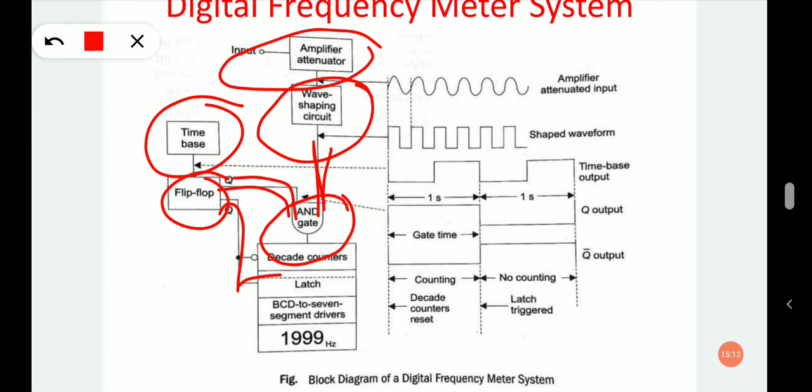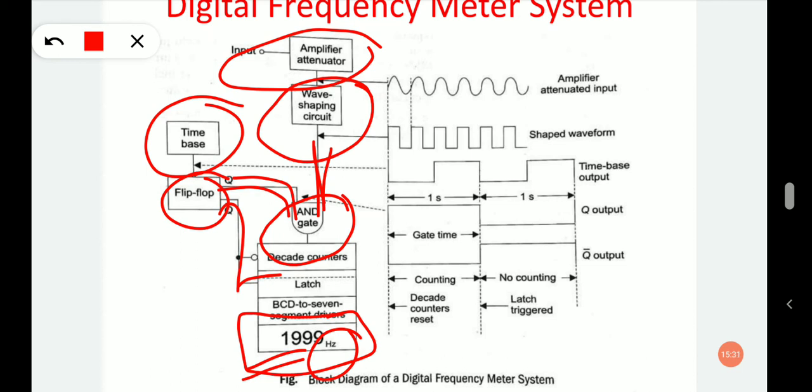It is given for reset, to reset the counters, so counting always starts from 0. For display, the numerical value is always displayed with the unit, that is hertz.